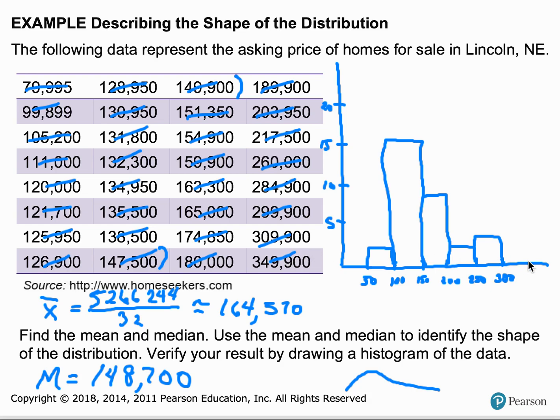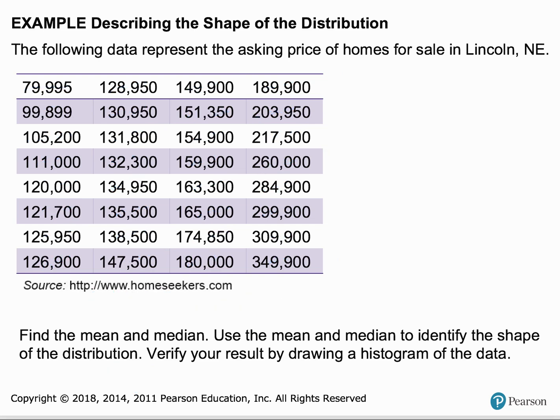And to 350, 2. Yeah, right? This is what we drew. If we were to draw through these middles, skewed right. Okay.